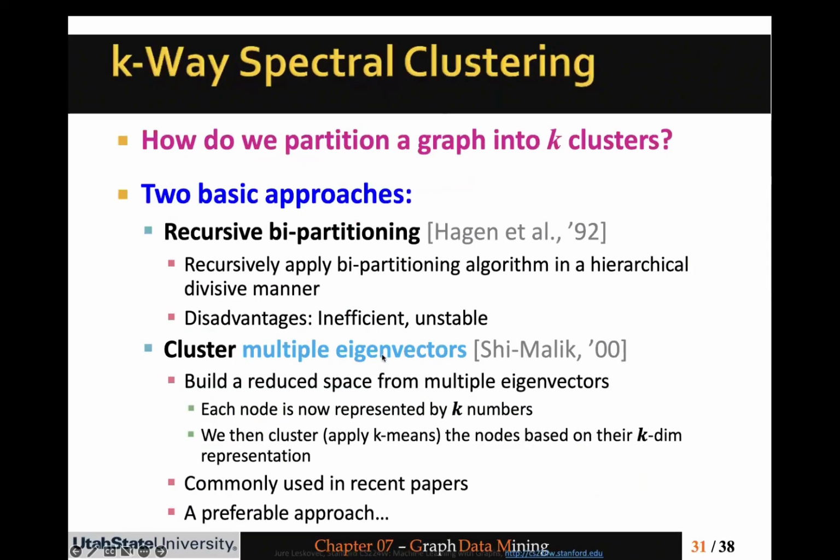You use a multiple eigenvectors approach, where you cluster the nodes based on only the first k eigenvectors that you find from the Laplacian decomposition.